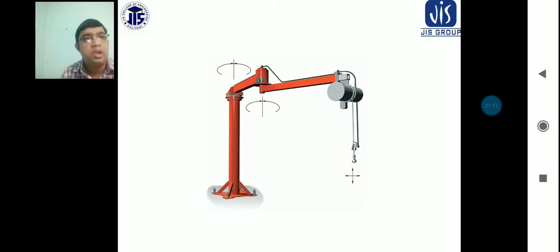At the end of this crane, one hook is mounted.